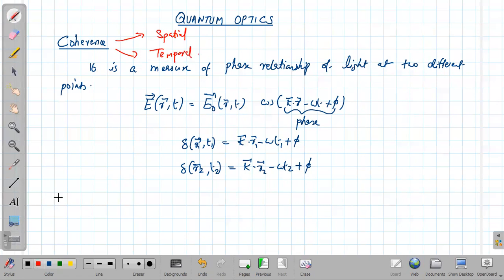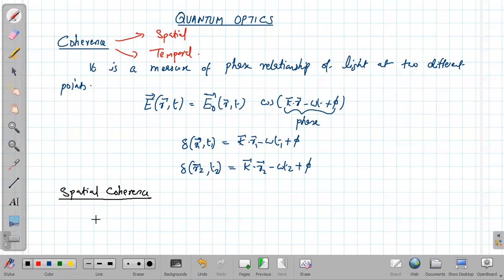First we check spatial coherence. In spatial coherence, we study the phase relationship between two points along the line perpendicular to the direction of propagation.